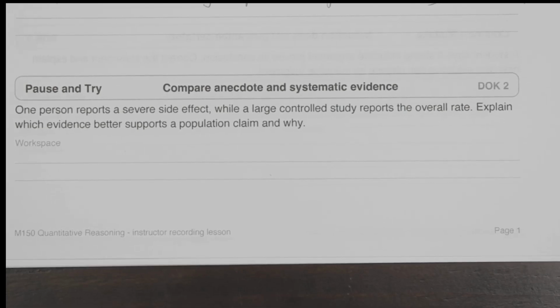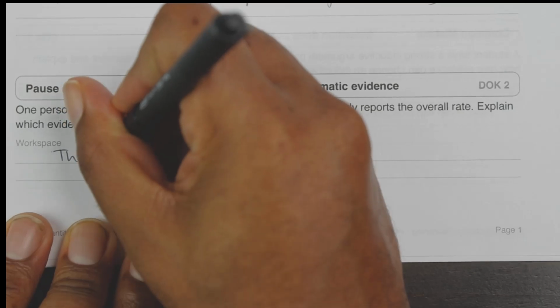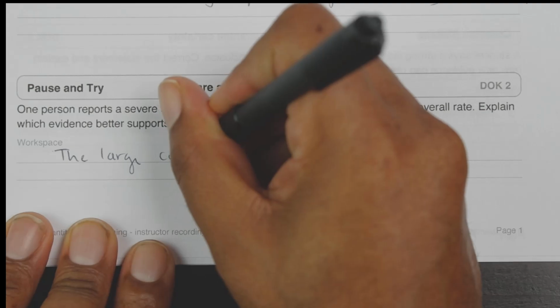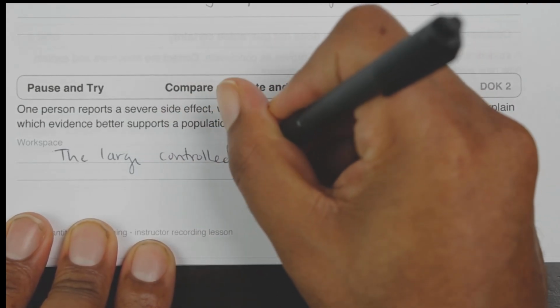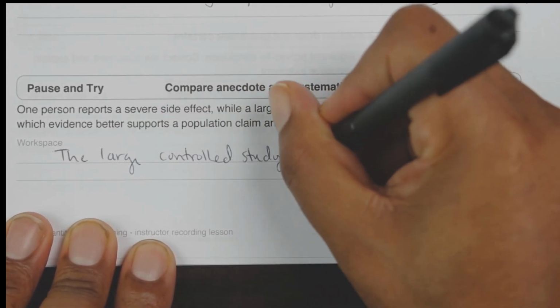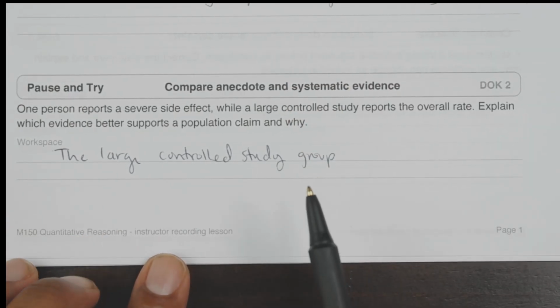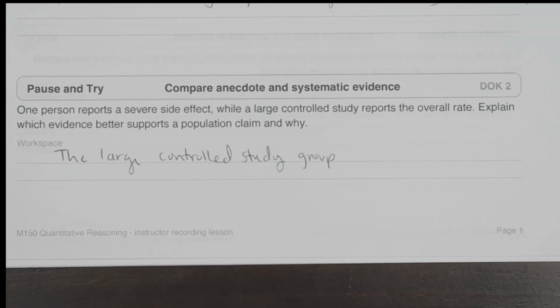Which one gives stronger evidence about the population? Well, the large controlled study group.